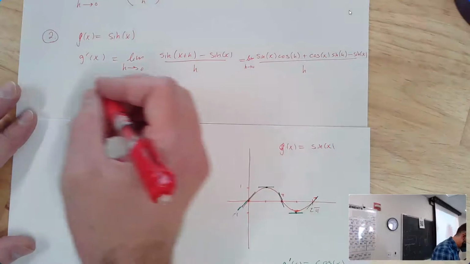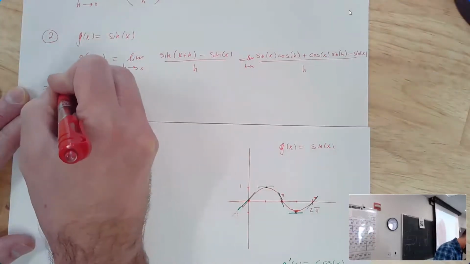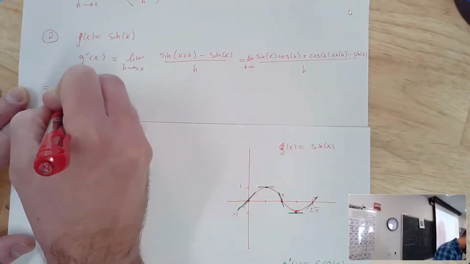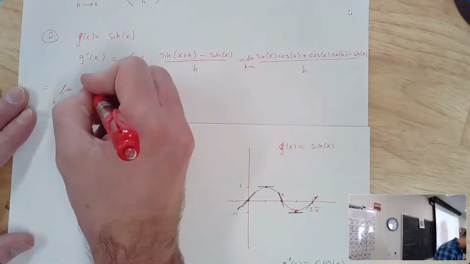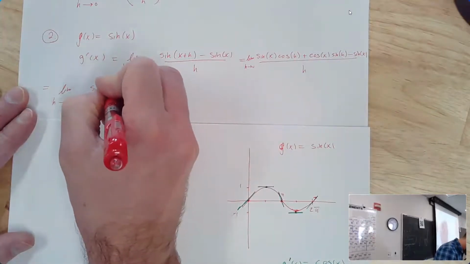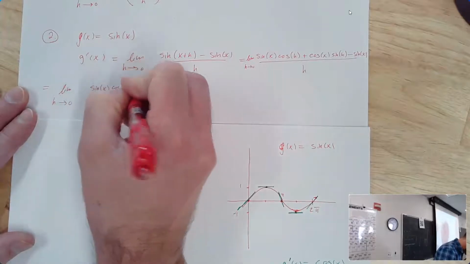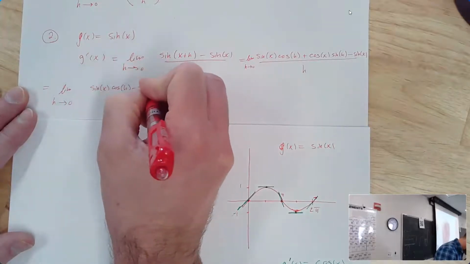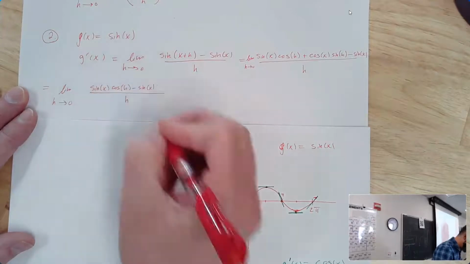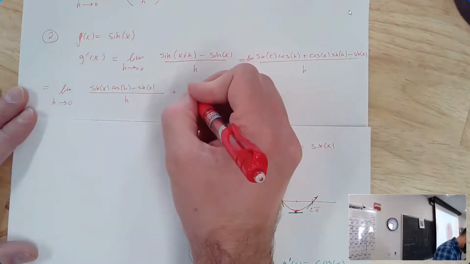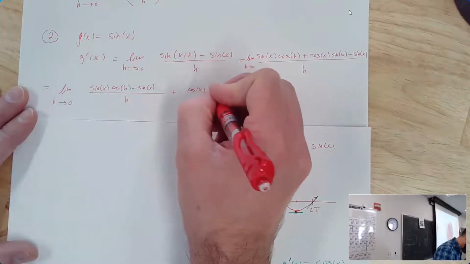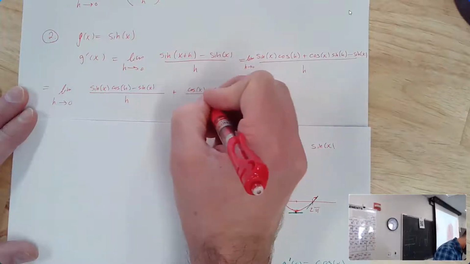We're going to rewrite this as the limit as h goes to 0, and put the sine of x terms together. So I'm going to have sine of x times cosine of h minus sine of x, all over h, and then plus cosine of x times sine of h all over h.